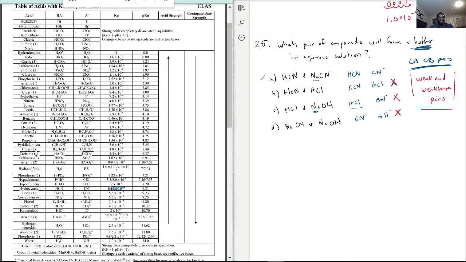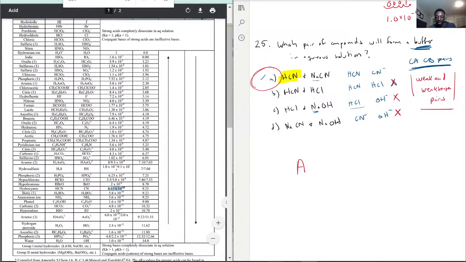It's still considered a weak base, most likely. Point being, we have now confirmed that HCN is a weak acid. So with that, we can say without a doubt that the answer is indeed A. HCN and NaCN will form a buffer solution. That is the only pair of compounds in this list that would actually do such a thing, okay?